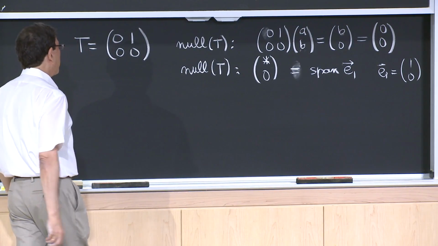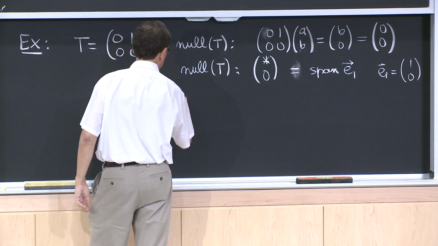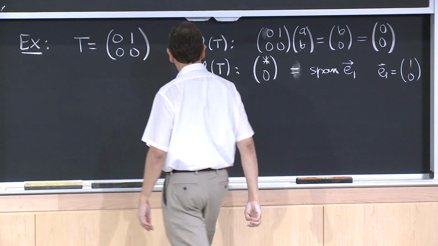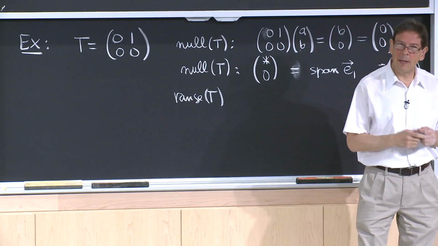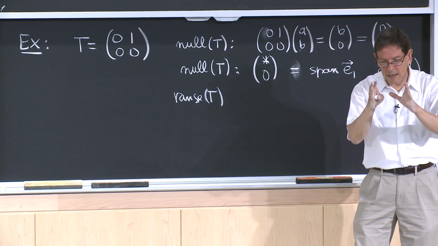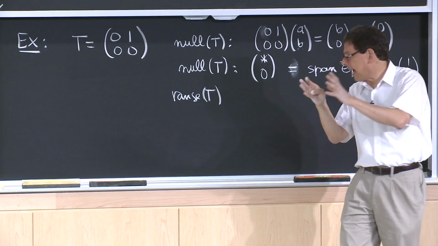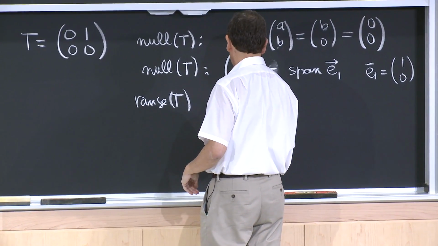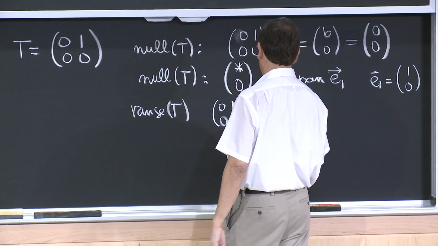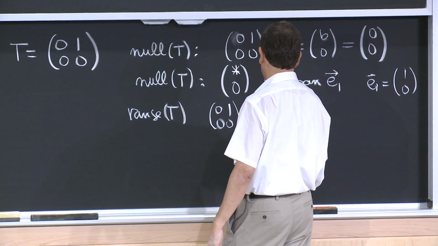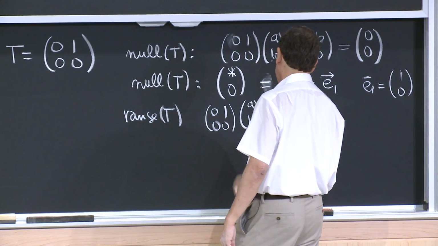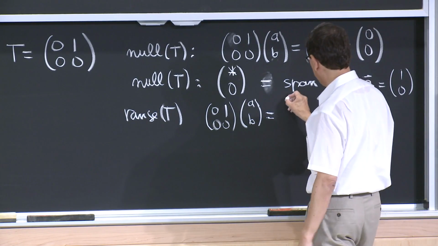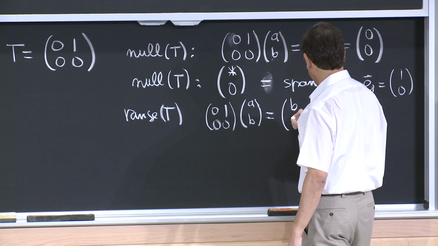So how about the range of T? To calculate the range of T, you would begin with the operator and act on a general vector. So you would have 0, 1, 0, 0, acting on a, b, and see how much you can get. It's the same calculation. And you get b, 0.